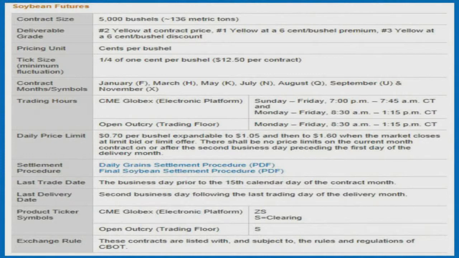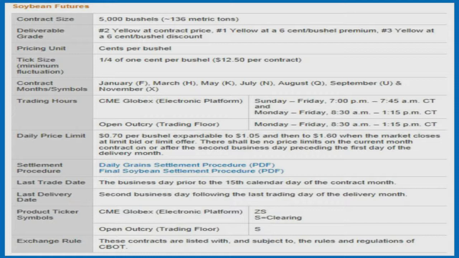This is the soybean futures contract. Soybean futures are traded at the Chicago Board of Trade or Chicago Mercantile Exchange. They are 5,000 bushel lots or contracts. So every contract of soybeans that you hear marketed represents 5,000 bushels.